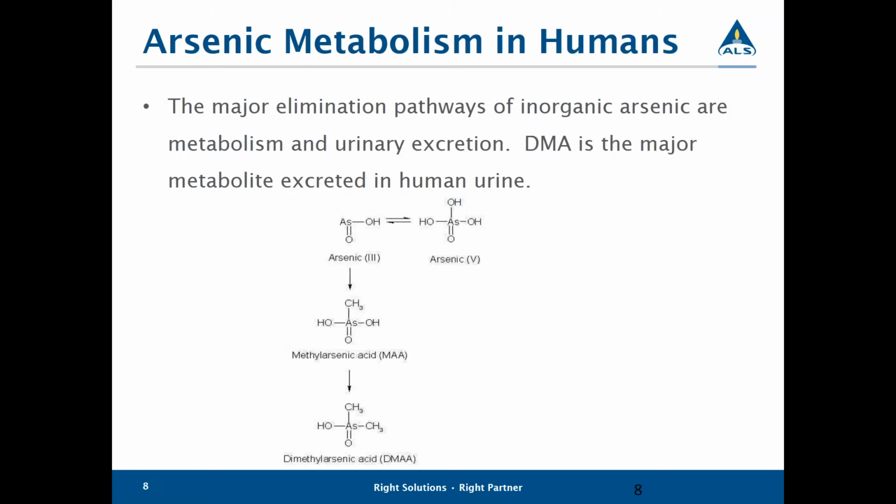As I mentioned, the body often tries to methylate the inorganic forms, and that happens just through regular metabolism in the body, following this sort of pathway where the 5 is reduced to the 3, and then gets methylated to methyl arsenic acid, and then further methylated to dimethyl arsenic acid, and then often excreted.